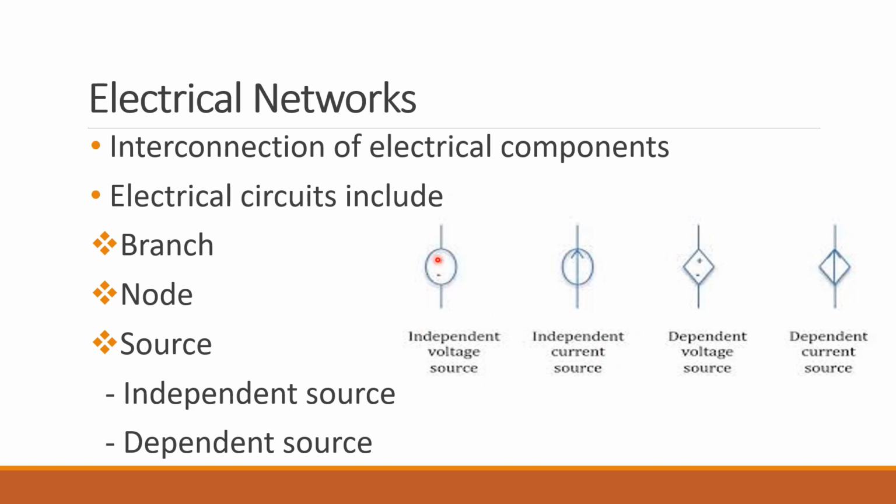The positive and negative signs on the voltage source symbol tell us the polarity. The direction of current flow in the current source is provided on the source symbol, as you can see here. It means there is no need to assume a current direction.